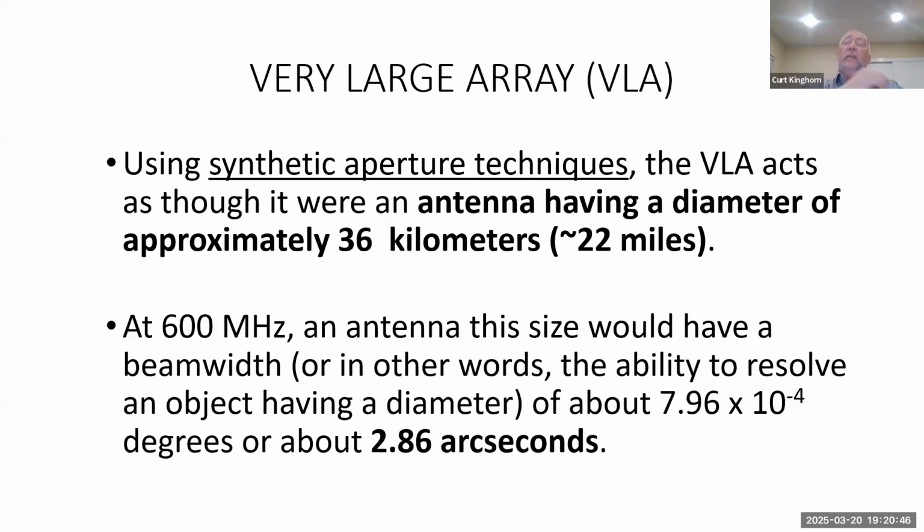When the antennas of the Very Large Array are at their furthest point, which is the A configuration, the longest distance between two antennas is 36 kilometers, about 22 miles. So even though each antenna is only 25 meters in diameter, the effective antenna, because of their spacing, is as though you had a 22-mile diameter telescope.